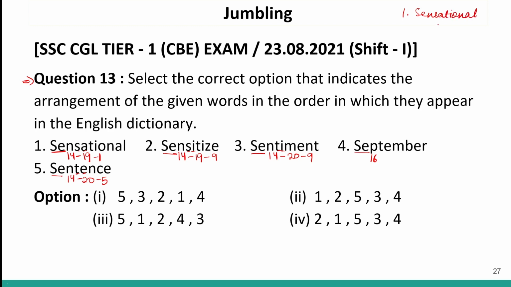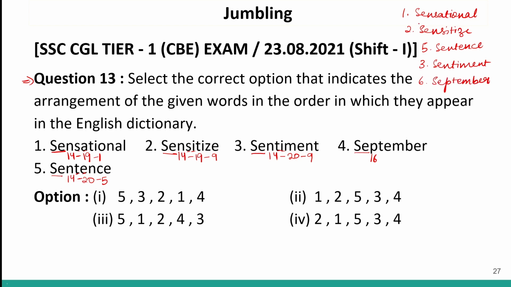After this, the next word will be sensitize. After this, the next word will be sentence. After this, the next word will be sentiment. And the last word for us will be September.